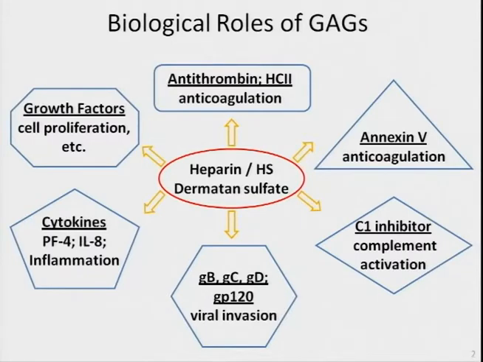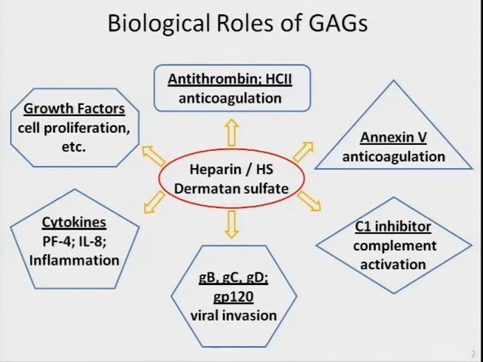Heparan and heparan sulfate and dermatan sulfate can interact with many different protein partners to affect many different biological responses. Perhaps one of the best known is anticoagulation, where it interacts with antithrombin and heparan cofactor 2, with annexin, also in the process of anticoagulation, where it competes with receptors on platelets.